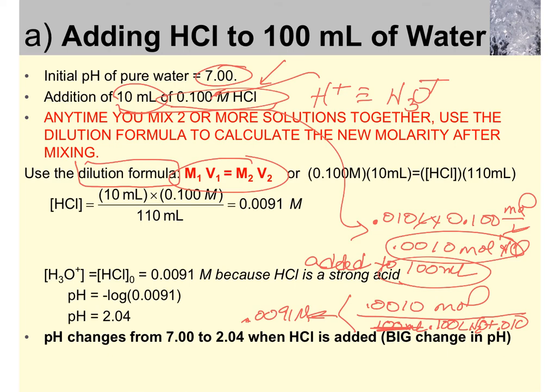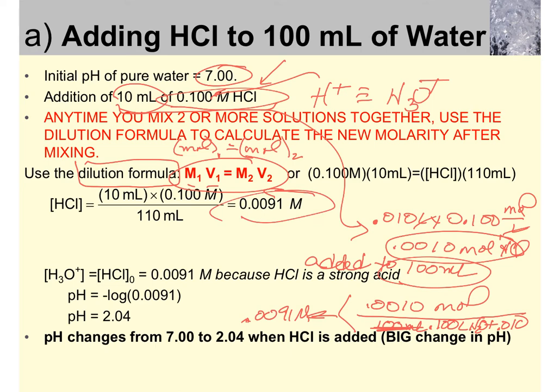All it's saying is that the moles you had in the first set, which is HCl by itself, equal the moles you have after it's diluted. We didn't change the moles of HCl, we just diluted it. That's where it comes from: molarity times volume is moles. Remember this formula. Anytime you mix two or more things together, it will help you easily figure out the new concentration.